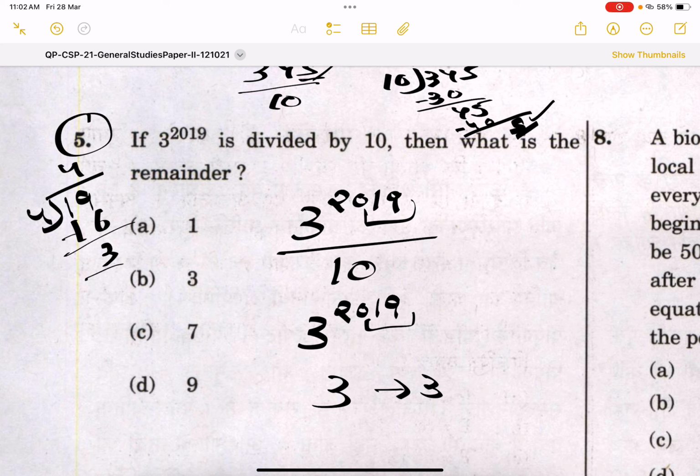So I give this number a power of 3. So I can write it down as 3 into 3 into 3. This is your 9 and this is your 3. It becomes 27. So your unit digit is 7.